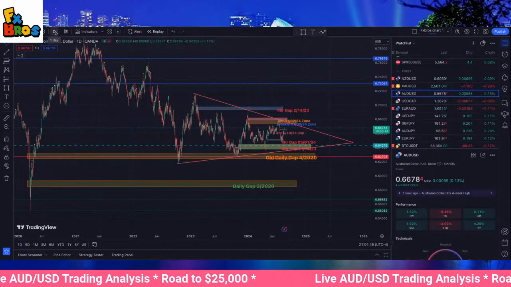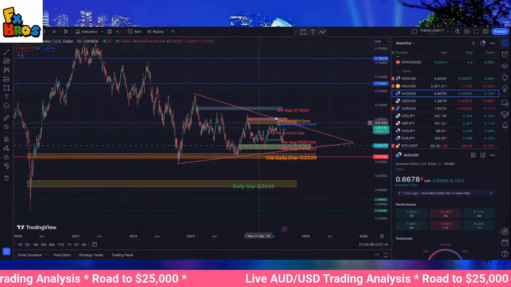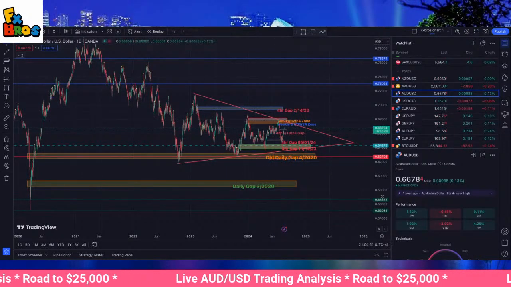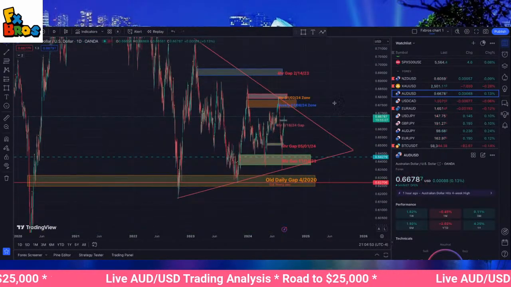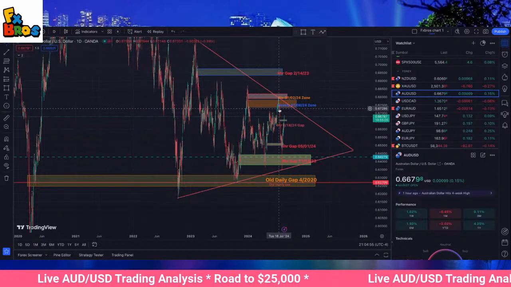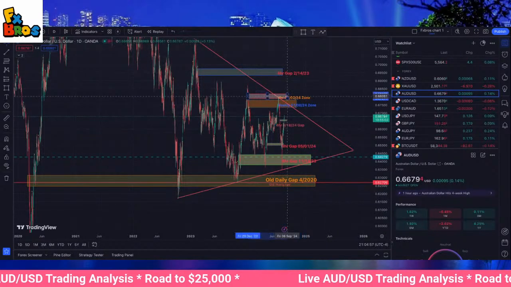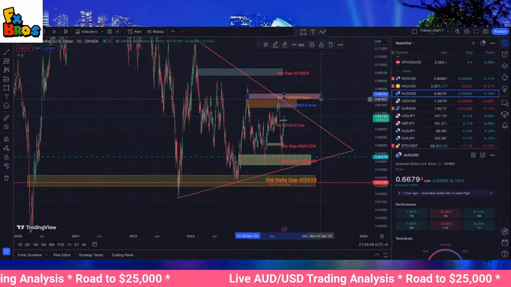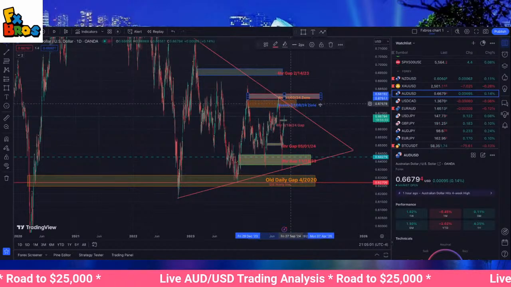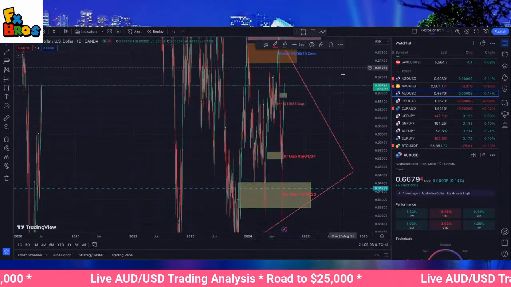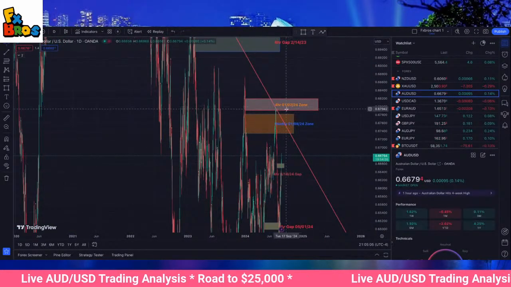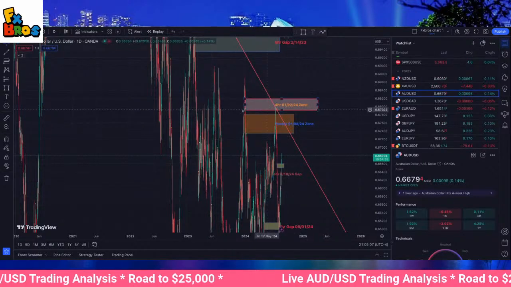we look at the higher time frames, but this area still hasn't been filled. We have a lot of areas that haven't been fully filled. Primarily looking at this 4-hour zone from the 2nd of January.